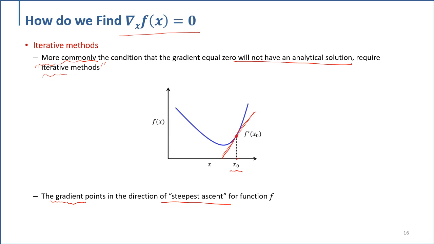If the gradient is positive, then we know that its value will increase in this range. So if you want to find the minimum, you may change the direction to the minus x direction.